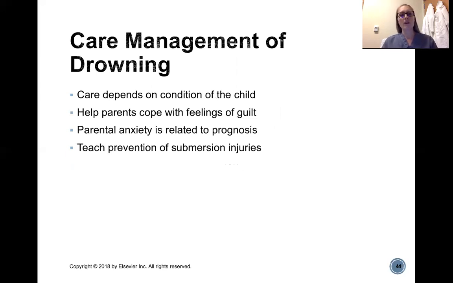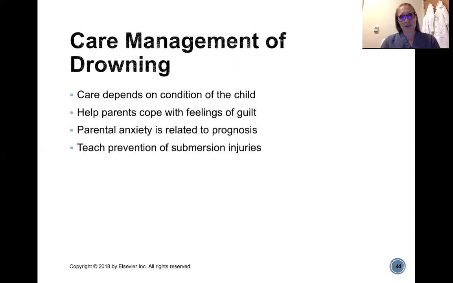One of the things that we really need to look at with near drowning and drowning incidences is our own feelings, because we're potentially going to look at this as neglect. Somebody wasn't watching the kid, right?